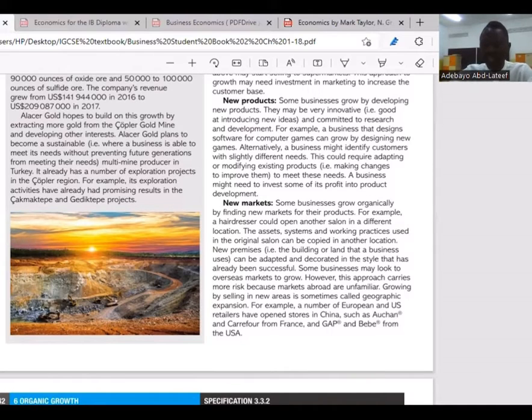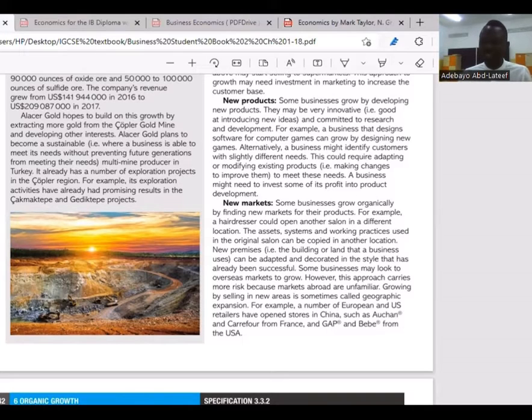The franchisor is the business offering you the franchise, offering you the ability to use its brand name to sell its product on your own, in your own premises. The franchise is an agreement. The franchisor is that person or that business giving out the franchise, and the franchisee is that business or that entrepreneur buying the franchise. So franchise is also an organic growth.